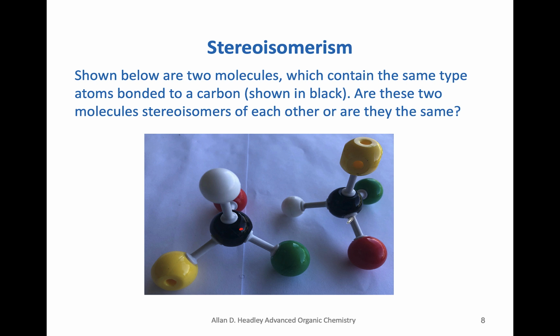So these two molecules have the same atoms, they should have the same formula. The question now is, are the atom to atom connections the same in three-dimensional space? So another way of asking that same question is, are these two molecules stereoisomers, or are they the same?